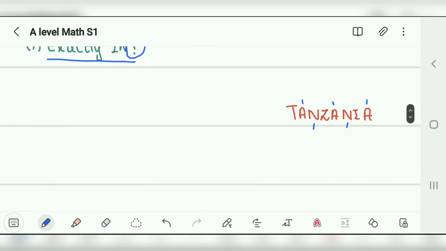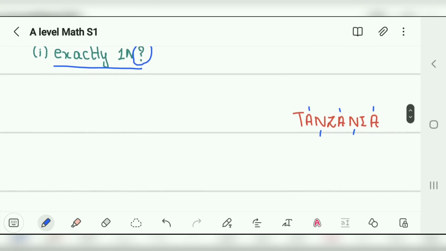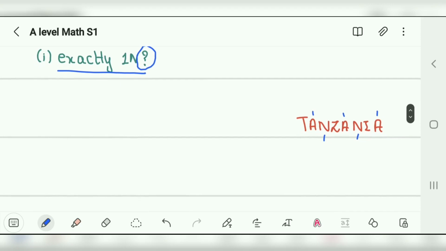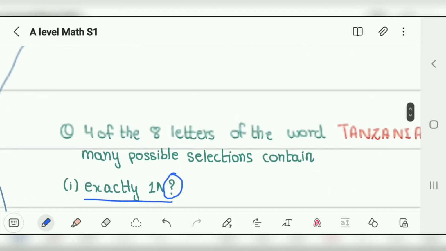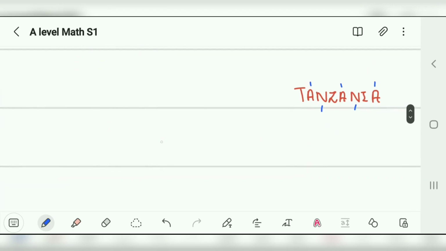Exactly 1 N, so it must have exactly 1 N. But what about other repeated letters like A? So let's do this. 4 of the 8 letters, which means we need to make 4 letters.